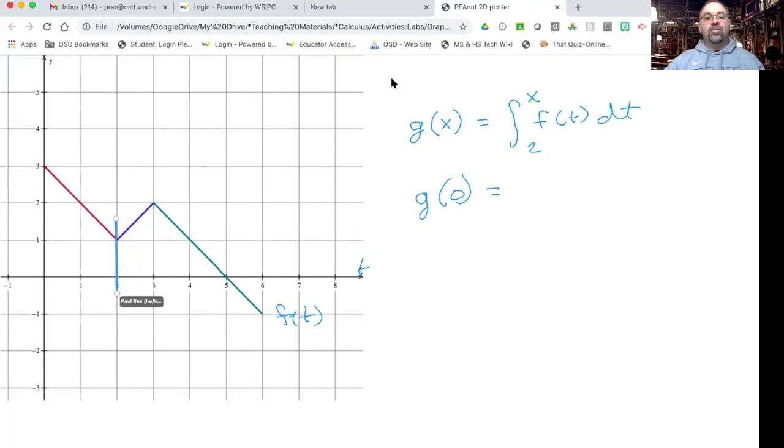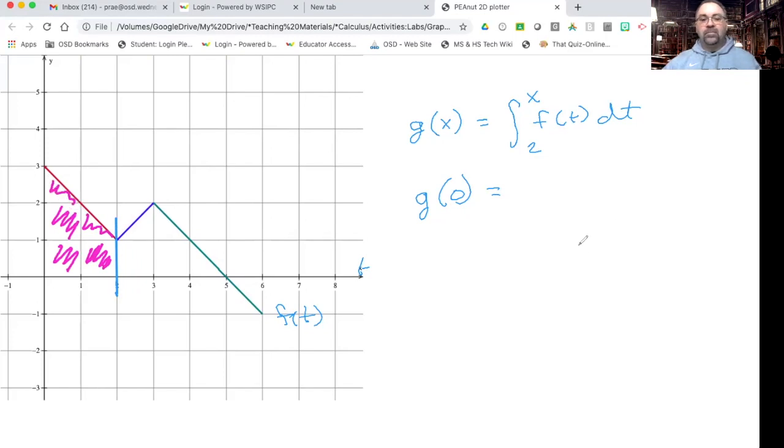So what does the area underneath f of t dt look like? Well, I made it pretty simple. They're straight lines for this one. So if I want g of 0, I'm going to go from 2, and notice I've got 1, 2, 3, 3.5, 4.